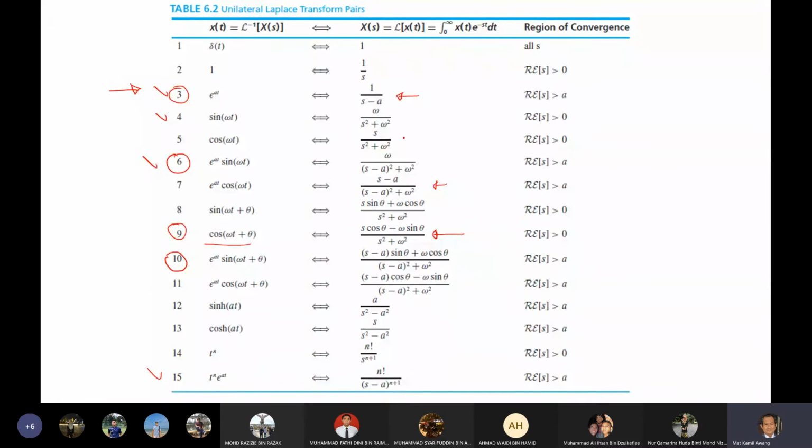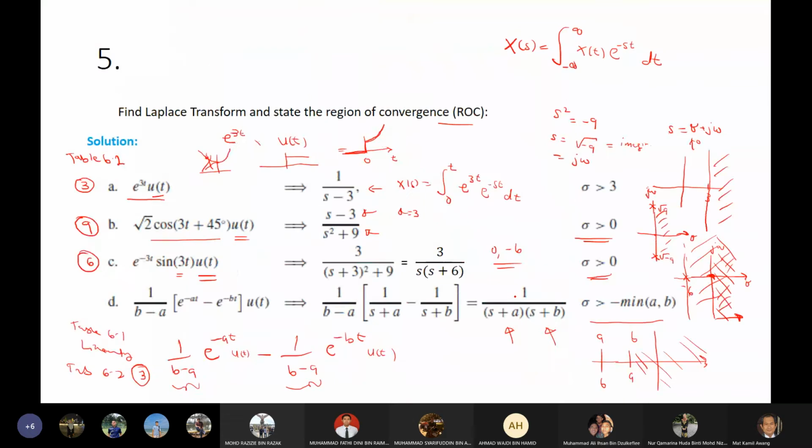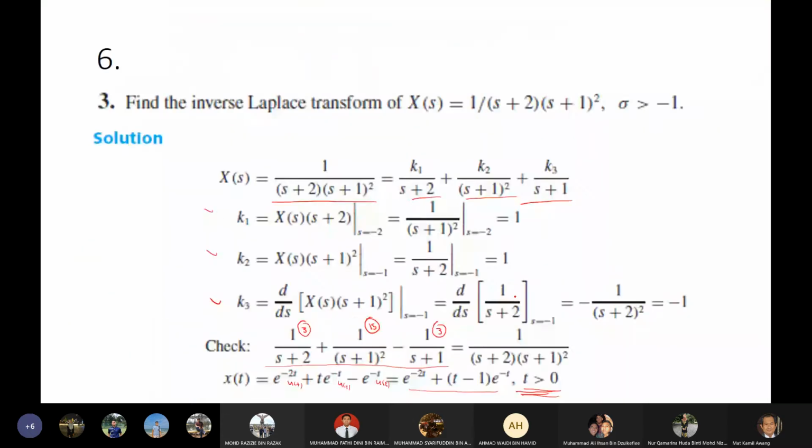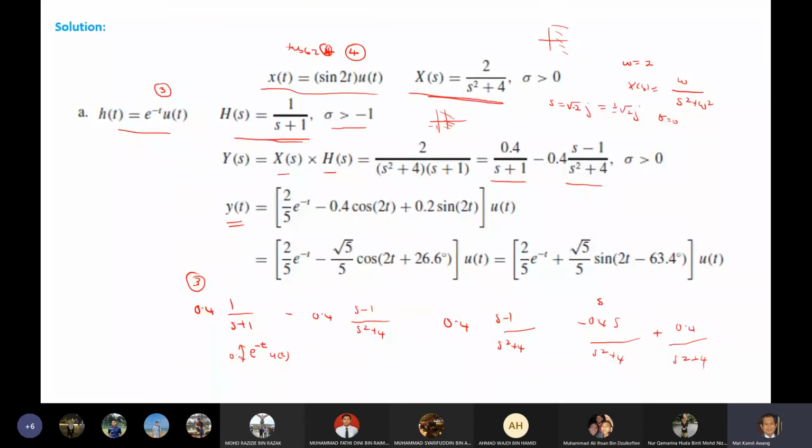This is 4 and this is 5 from the table. So you break it into this part and this part.